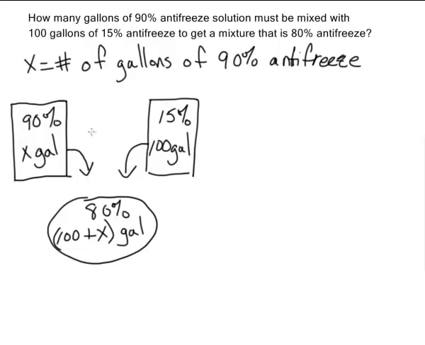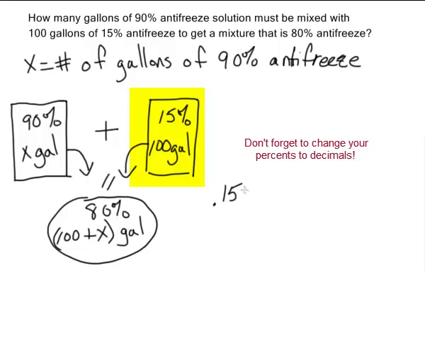We can start setting up our equation if we understand that when we add these two containers together, that will equal our final solution. So literally, you set up the equation exactly like it looks. You say 0.15, that's our 15%, times 100.